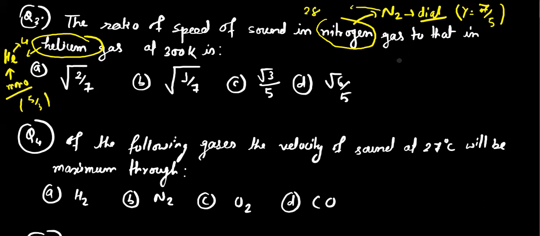We are going to apply velocity equal to root under gamma RT by m, where R and T are constant, because temperature is given constant.